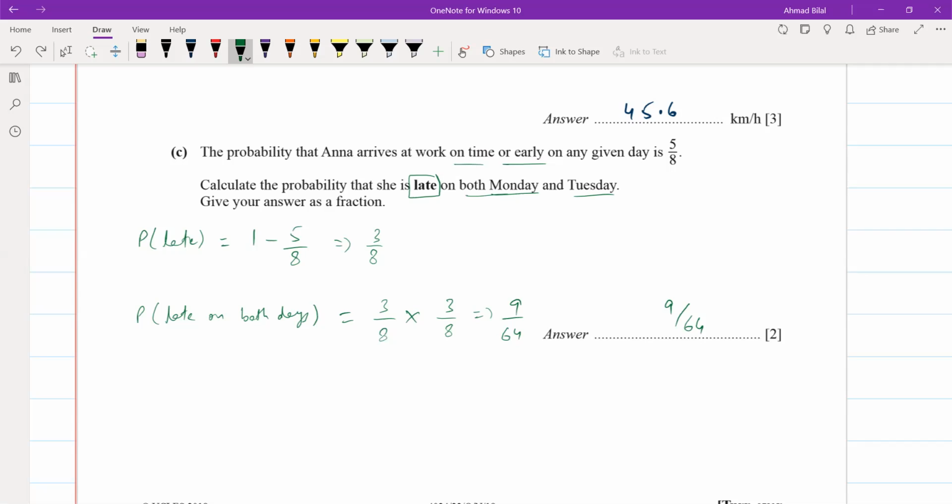The probability that Anna arrives at work on time or early, यानी वो ऑफिस में टाइम पे पहुंचती है, अर्ली पहुंचती है, इसकी प्रोबेबिलिटी 5/8. तो लेट होना इज ऑपोजिट ऑफ दिस. ऑन टाइम हो और अर्ली नहीं है उसका मतलब आप लेट हो. लेट होने की प्रोबेबिलिटी ऑन एनी गिवन डे, दैट्स 3/8. ओके, probability of being late on Monday, that's 3/8, and probability of being late on Tuesday, that's also 3/8. दोनों को multiply कर दिया, that's 9/64.